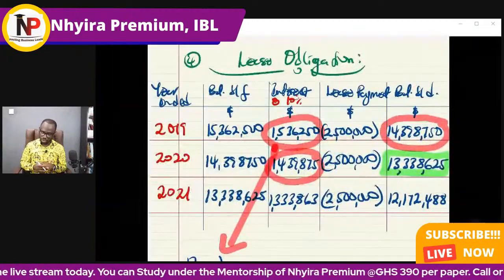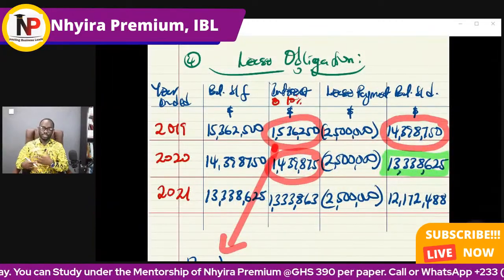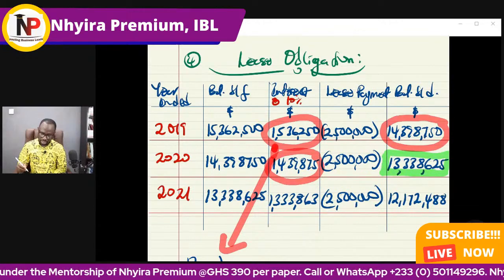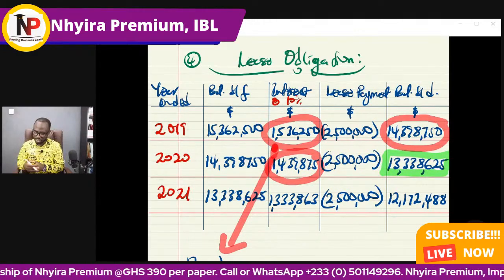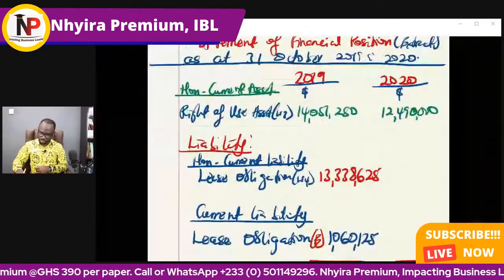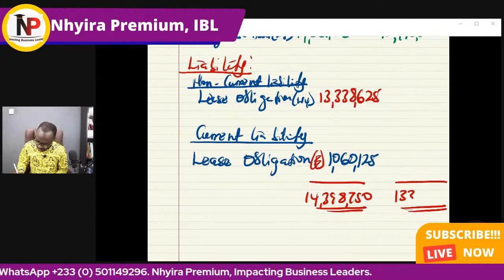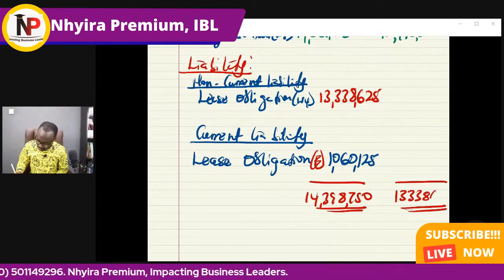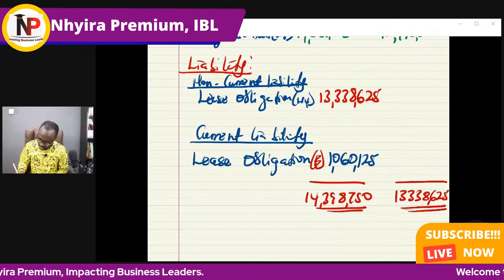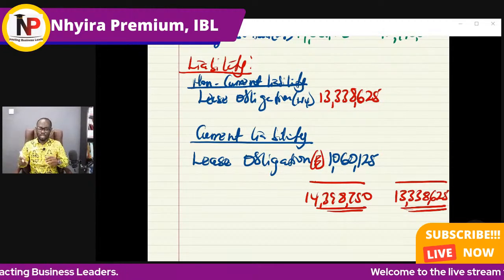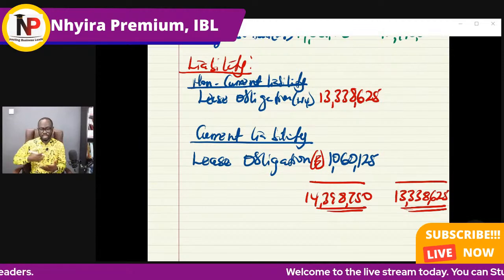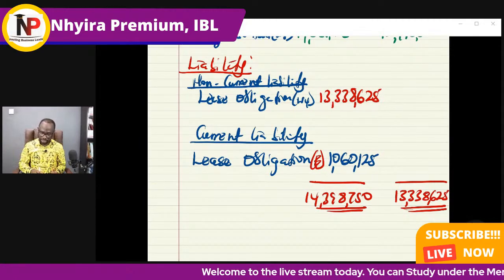Look at it again for 2020. In 2020, our liability is 13,338,625. That's our liability total. So we split that into current and non-current. How do we do the split? Simple.